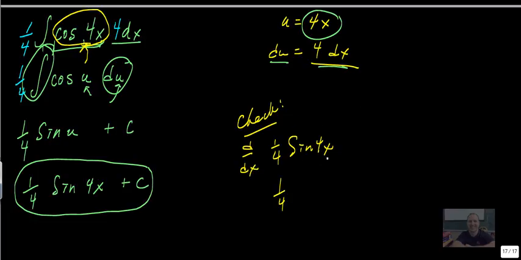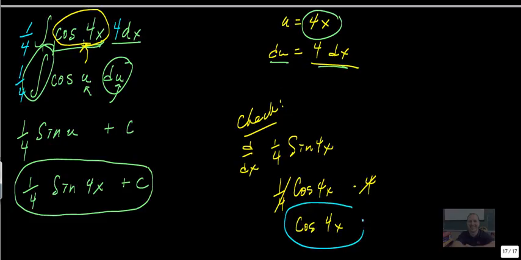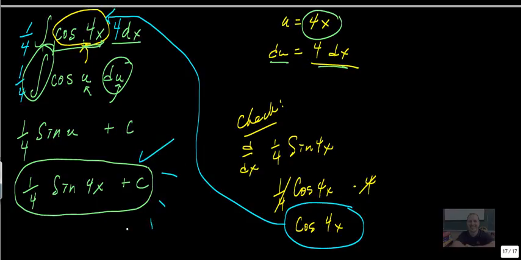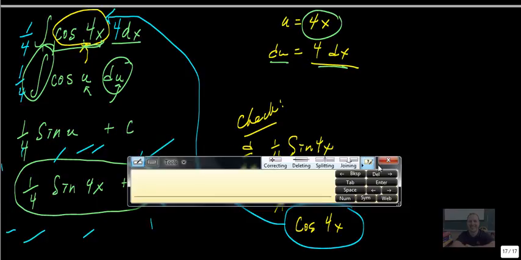The derivative of sine of 4x is cosine of 4x. And I'm going to have to multiply, of course, by the derivative of the inside function, times 4. The 4 and the 1/4 cancel out, and you're left with just cos of 4x, which matches up unbelievably well with the original function that was in the integral there. Okay, so here is your answer. Ta-da!